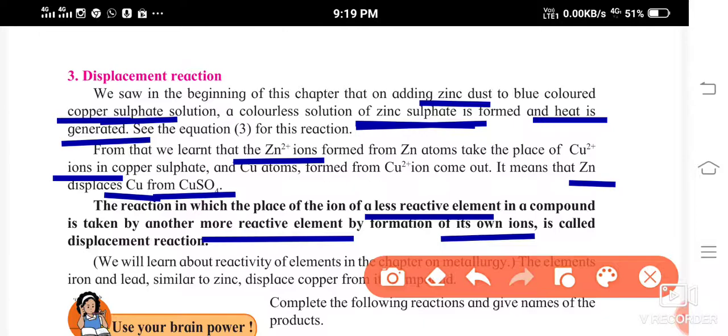See, the definition is very important. The reaction in which the place of the ion of a less reactive element is taken by the more reactive element, by formation of its own ions, we call displacement reaction.